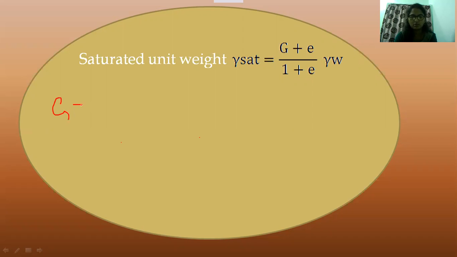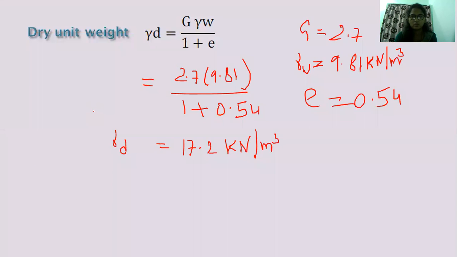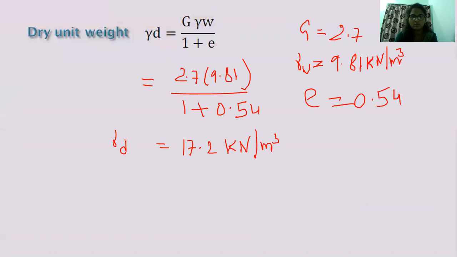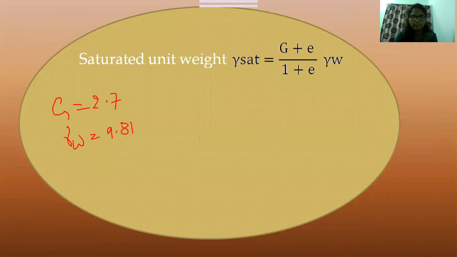G is 2.7, unit weight of water is 9.81, and e is 0.54. These three values we substitute in the saturated unit weight formula.